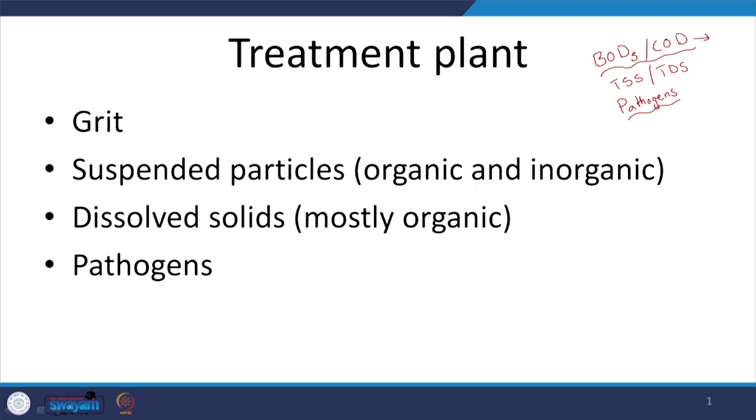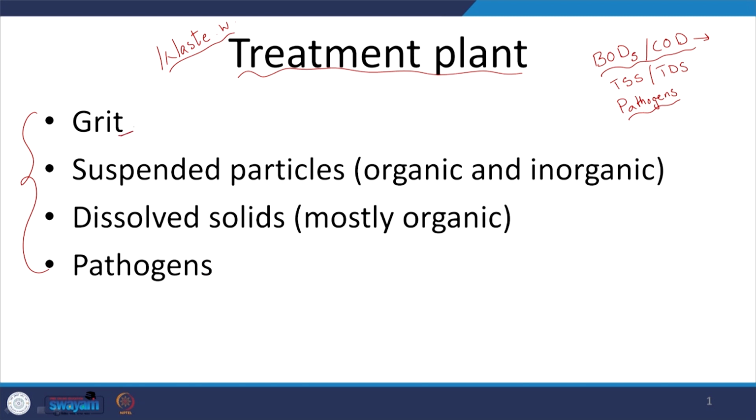So in the treatment plant, what is it I am trying to remove when I say I am trying to treat my wastewater? I am just trying to classify them, because the kind of process that you choose will depend upon the kind of material that you are trying to remove here.